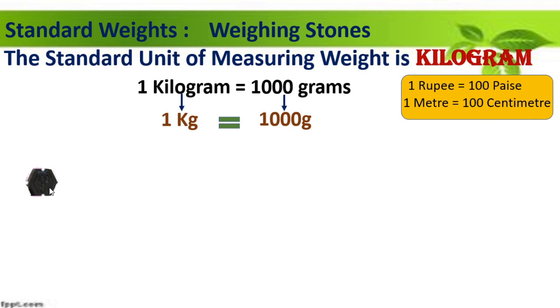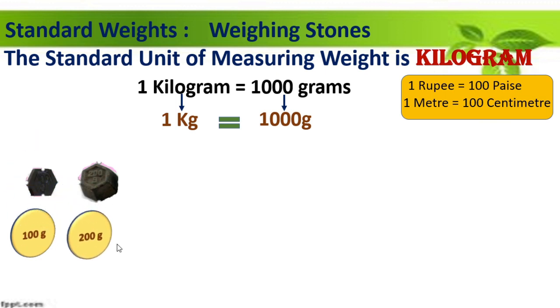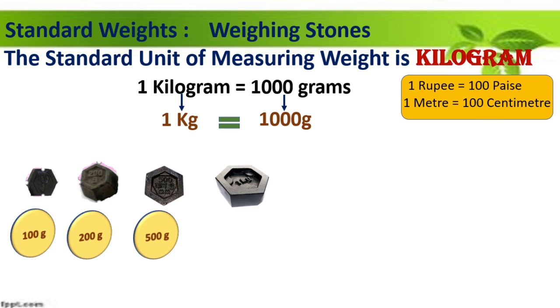Now here we will go through some weighing stones. See, this is a stone of 100-gram weight. You can read here, this is of 200-gram weight. See this, here 500 grams, half kg, right? Now this one is 1 kg.